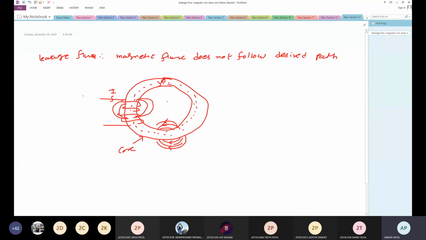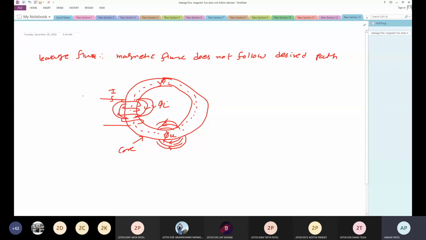This is my phi u, this is my phi L, and this is my phi. Leakage flux means the flux which does not follow the desired path.